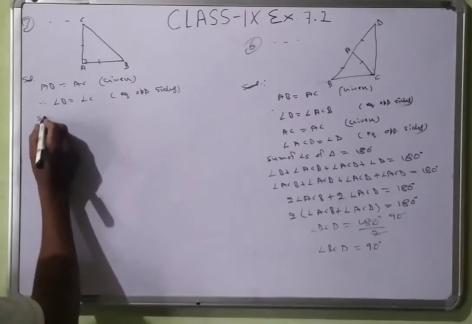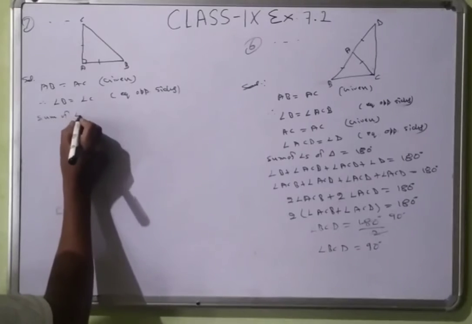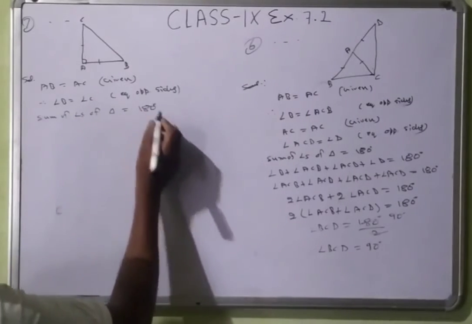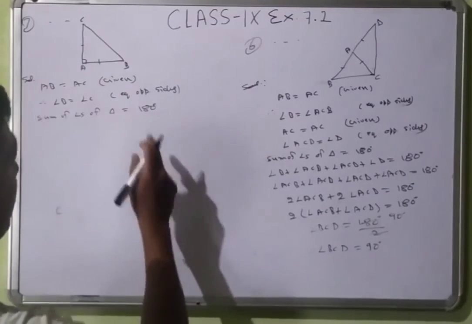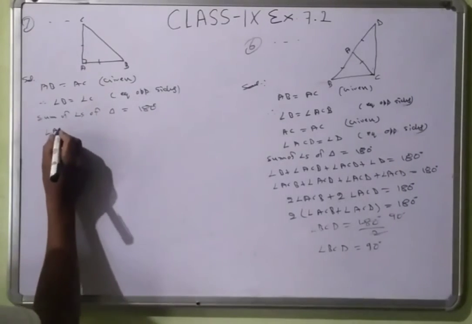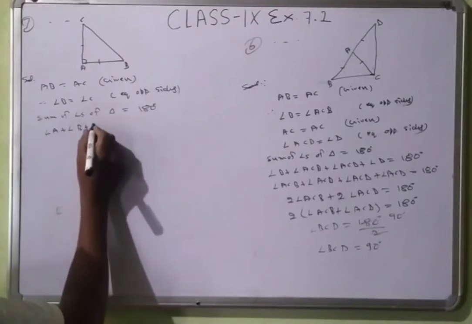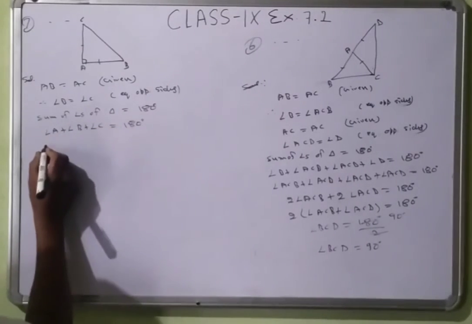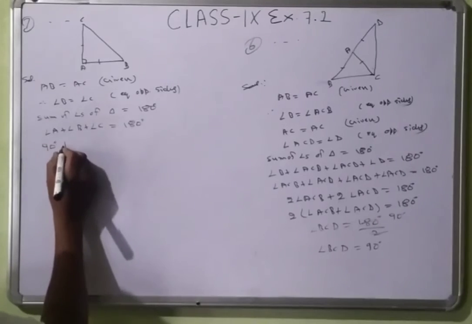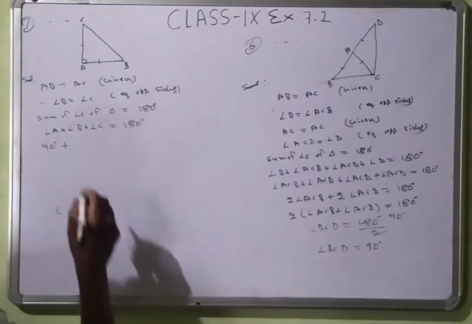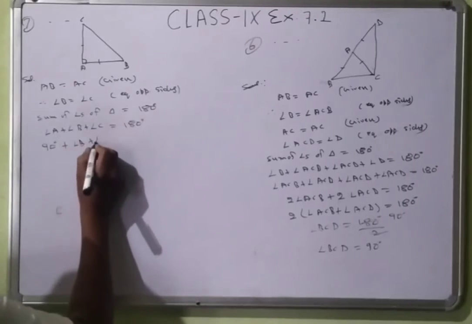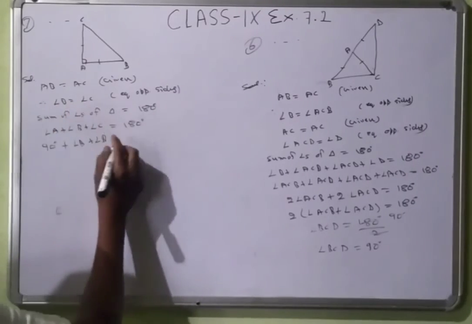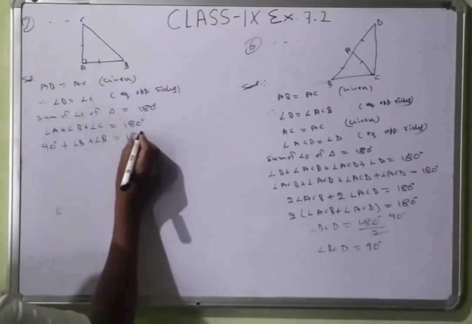Now, the sum of angles of a triangle is equal to 180 degrees. So angle A plus angle B plus angle C is equal to 180 degrees. Angle A is 90 degrees, given in the question. Angle B plus angle B, because angle B is equal to angle C, is equal to 180 degrees.